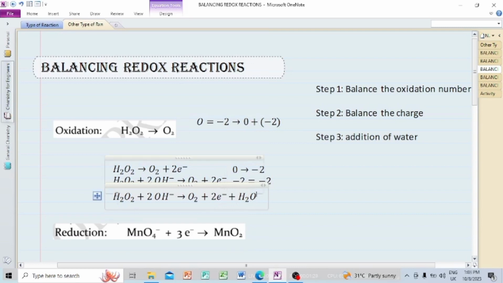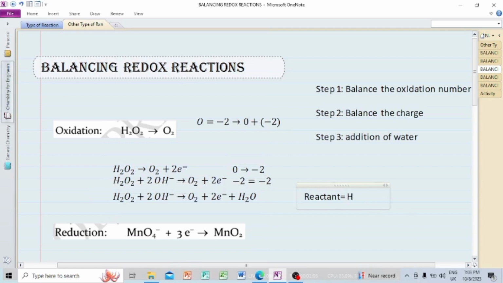But we need to take note, guys, na this is balancing, di ba? So the atoms of each element must be equal, must be balanced. Kung ilan yung atoms dito sa reactant side natin, the same din dapat yung atoms ng element dito sa product side natin. So in this example, on the reactant side, we have H is meron tayong 2, 4.